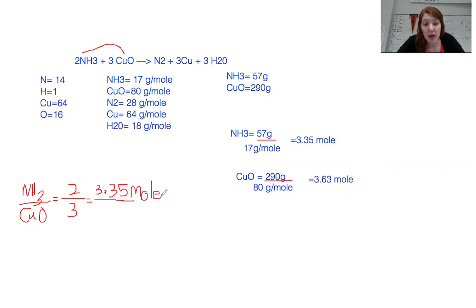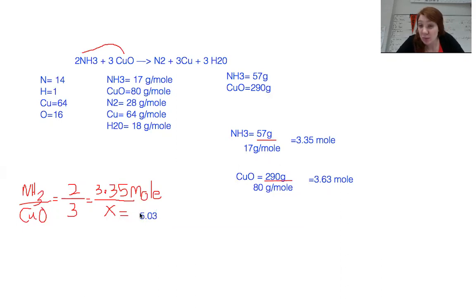And you will put that over X. You will do your cross multiplying, and you should get 5.03. All right. Now that is the moles of copper oxide.